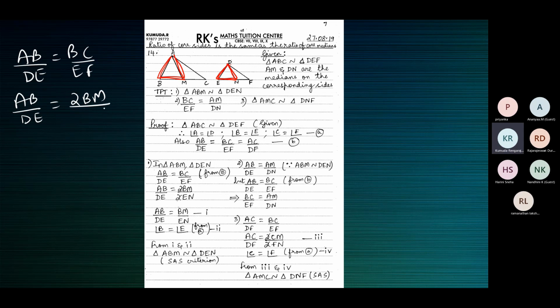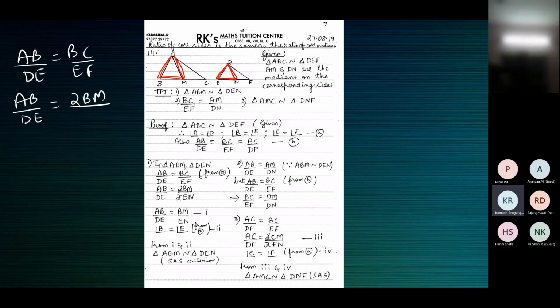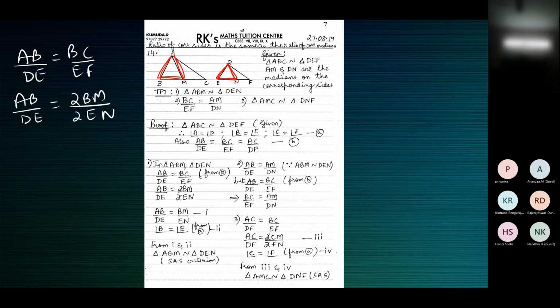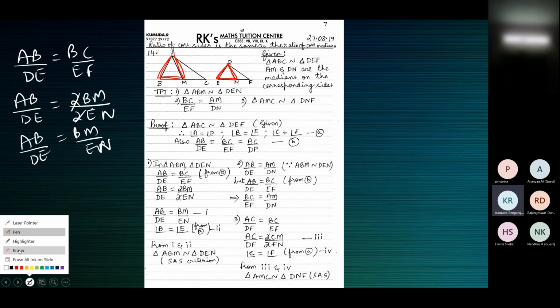It's the median, so M is the midpoint. And you can write EF as 2 times EN because N is the midpoint. Now 2 and 2 will get cancelled. So you get a new proportion. AB by DE is equal to BM by EN. So just see where you find this proportion or this ratio in the triangles.